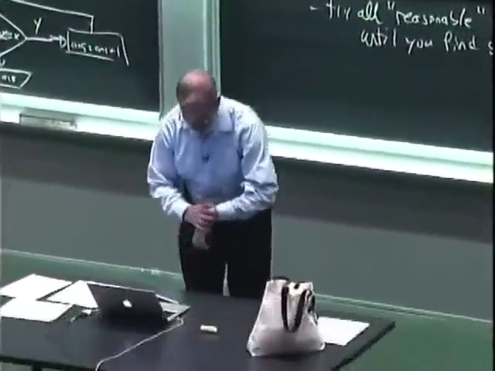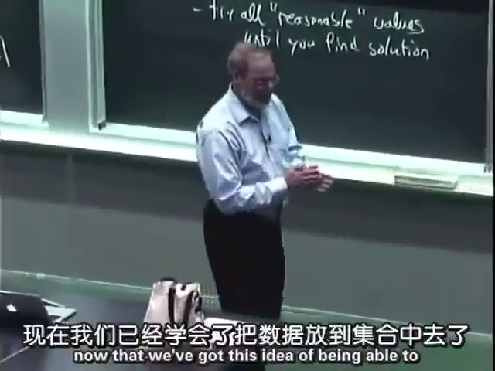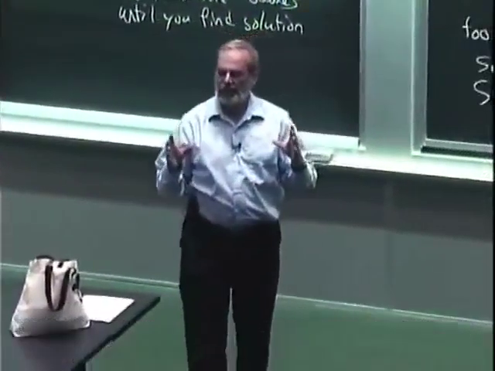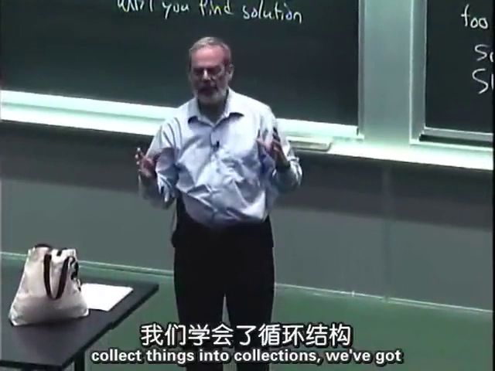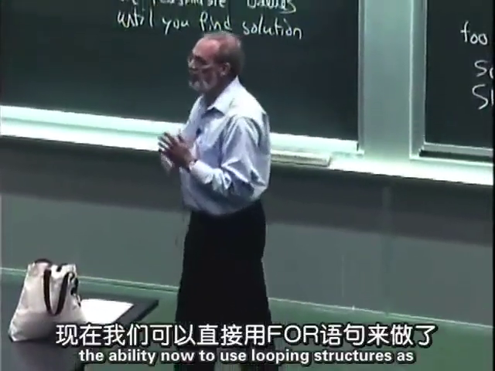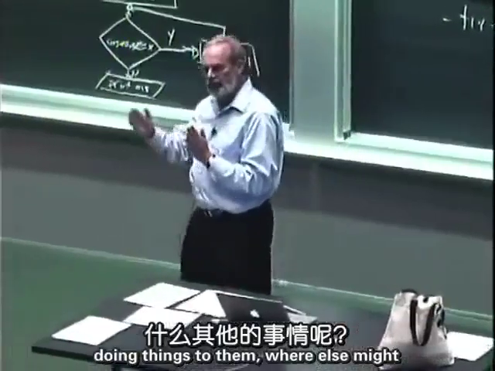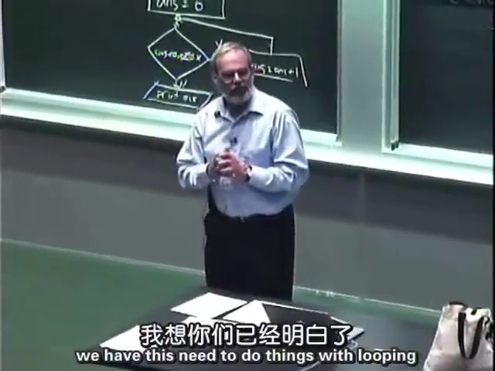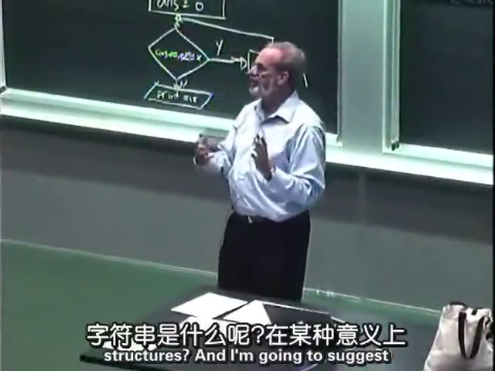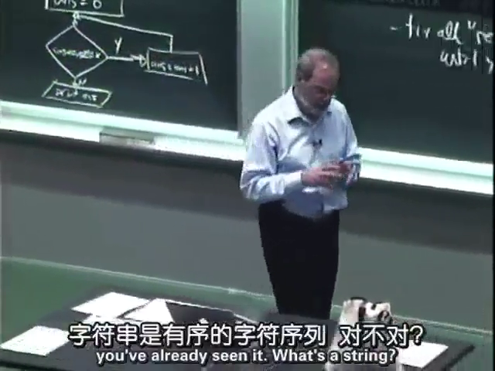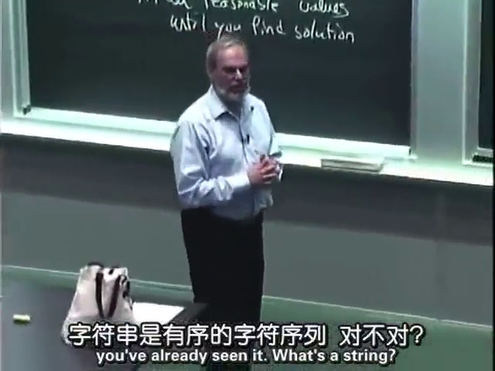The last thing I want to do is to say, all right, now that we've got this idea of being able to collect things into collections, we've got the ability now to use looping structures as we did before, but they can walk down them, doing things to them. Where else might we have this need to do things with looping structures? And I'm going to suggest you've already seen it.